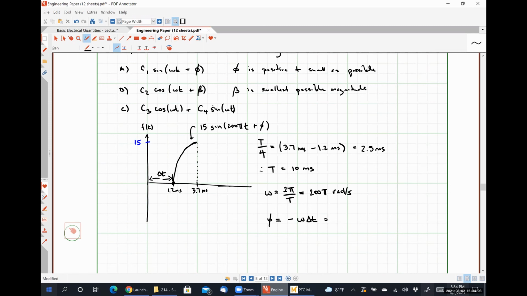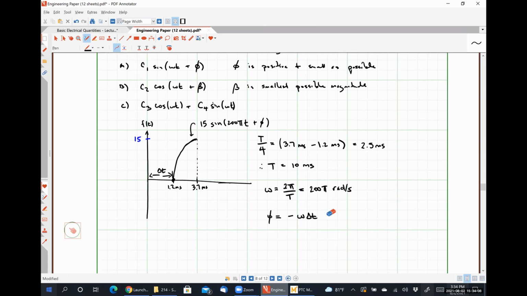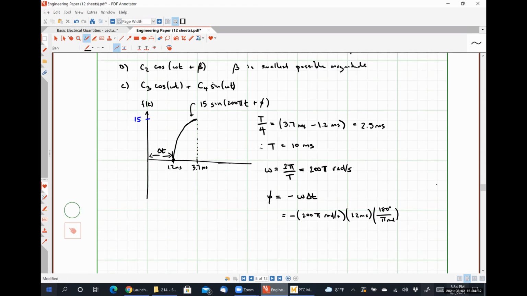So for our case, that would be negative 200 pi radians per second times 1.2 milliseconds. And then we also need to multiply this by 180 degrees over pi radians, because if we don't do that, we're going to get our angle in radians. So this is us forcing it to be in degrees.